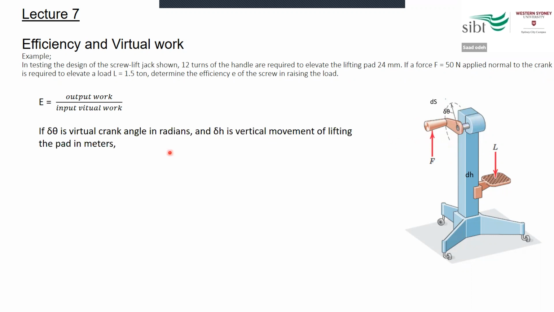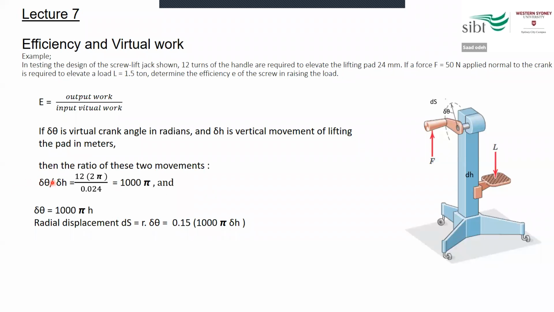At that time we had two displacements: the virtual crank angle rotation, and delta H, the vertical movement of the platform. We can relate the change in the angle of the handle and the displacement of the lift.